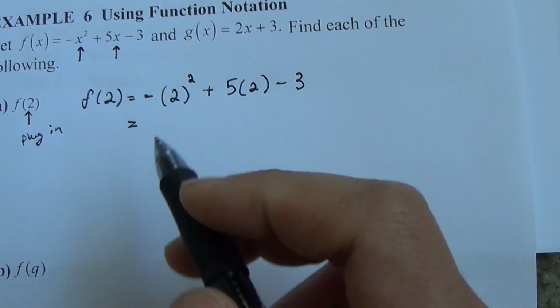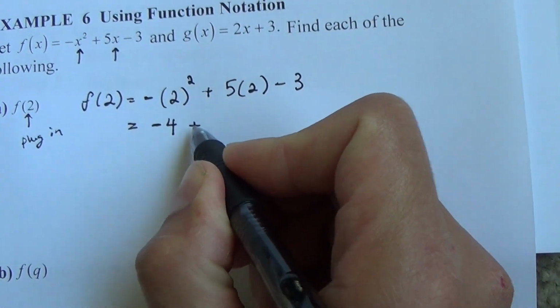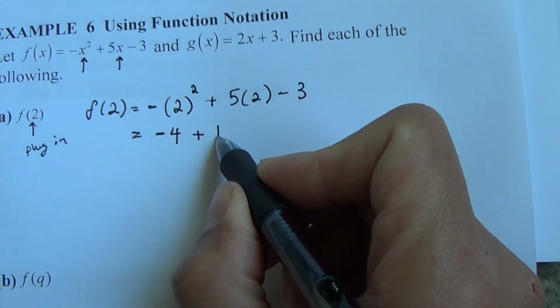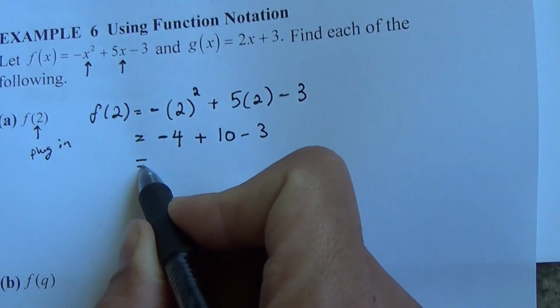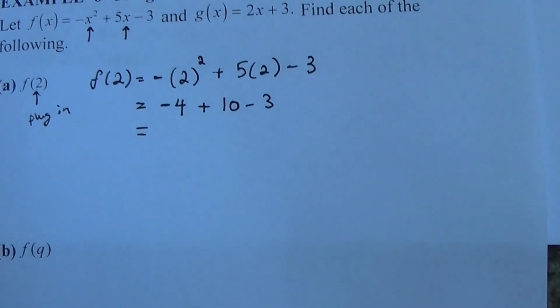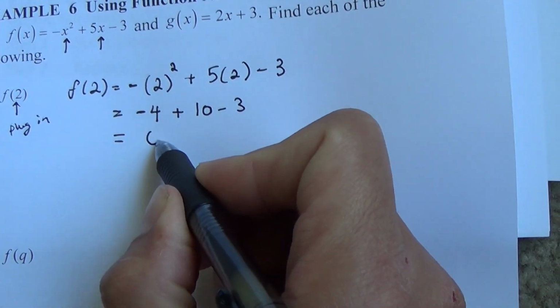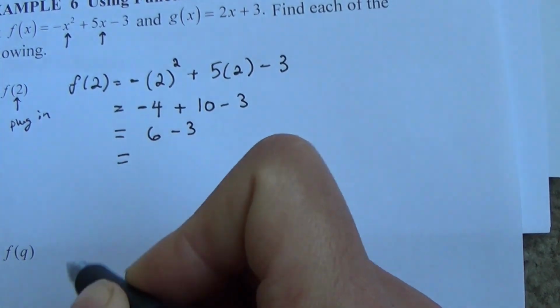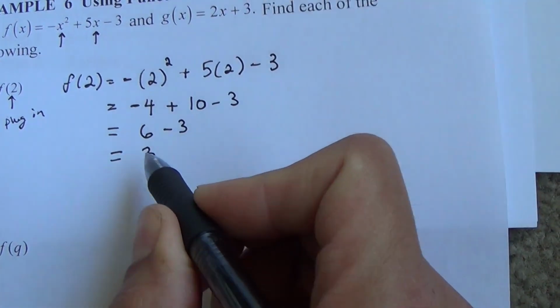Negative 2 squared is negative 4 plus 5 times 2, that's positive 10, minus 3. We're going to continue to simplify. Negative 4 plus 10, that's 6, minus 3. And finally, 6 minus 3 yields 3.